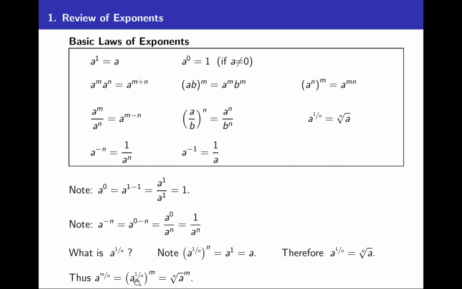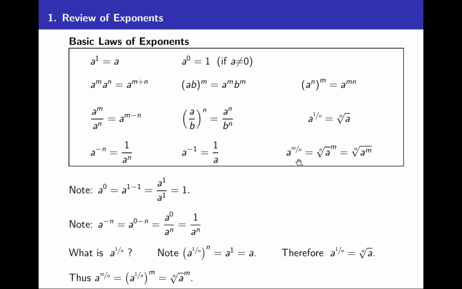And a to the power of 1 over n we just deduced as the nth root of a, and that's raised to the power of m. So finally we have a to the power of m over n is the nth root of a, to the power of m, and by properties of radicals, that's also equal to the nth root of a to the power of m, where you raise to the power inside the radical.